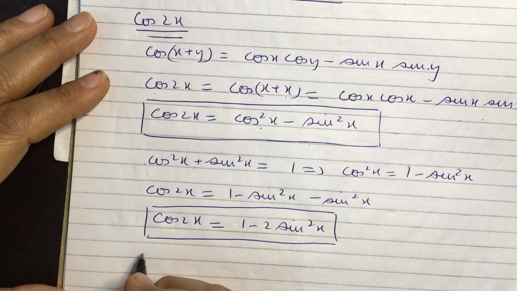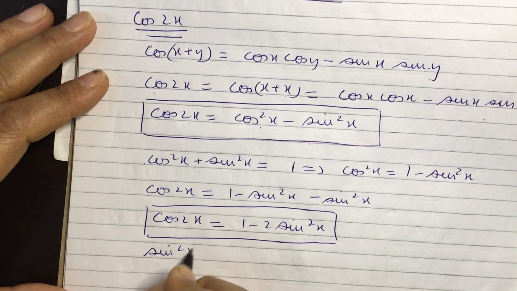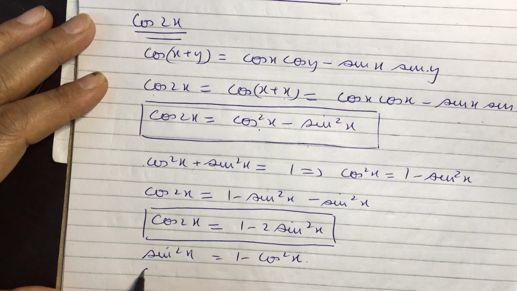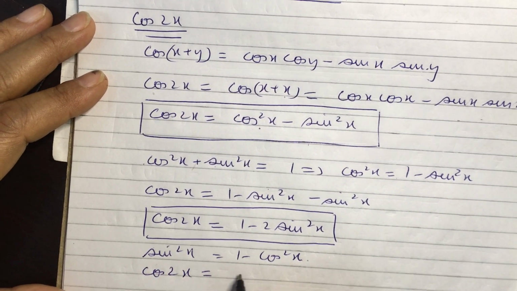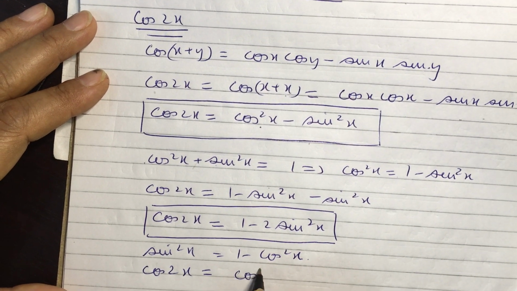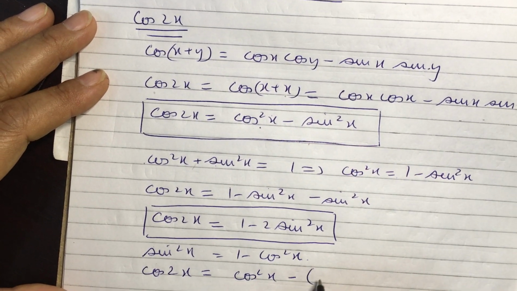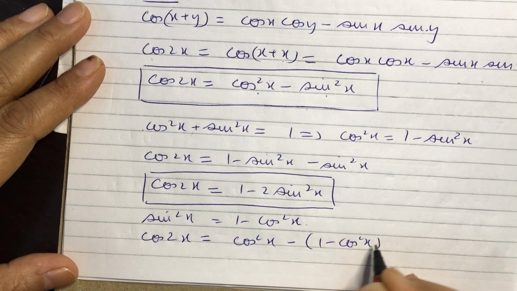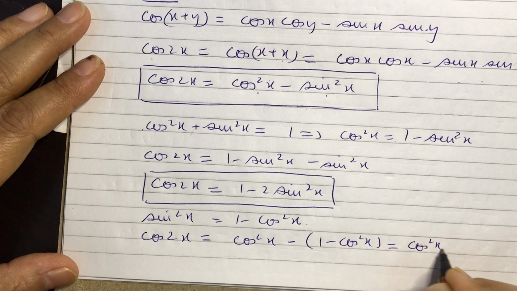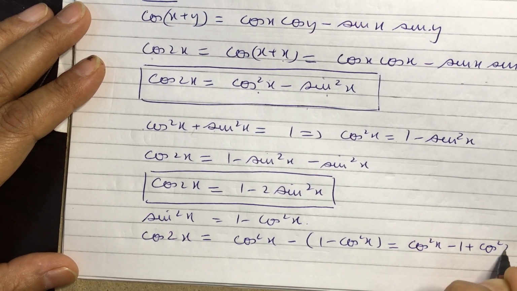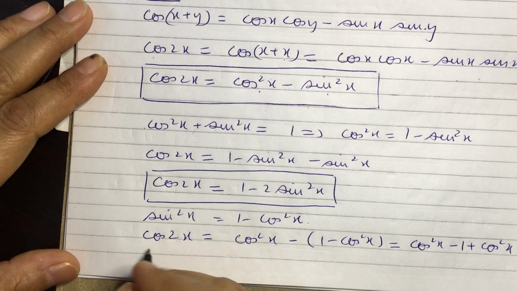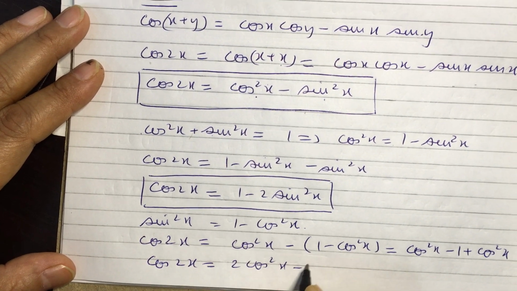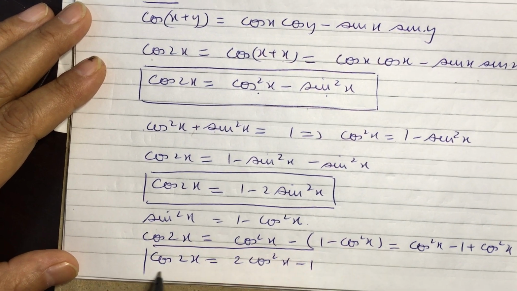Now also we can write sin squared x from here as 1 minus cos squared x. Therefore cos 2x can be written as, cos squared x remains as it is, in place of sin squared x we will be writing 1 minus cos squared x, which becomes cos squared x minus 1 plus cos squared x, and so we have another result for cos 2x as 2 cos squared x minus 1.